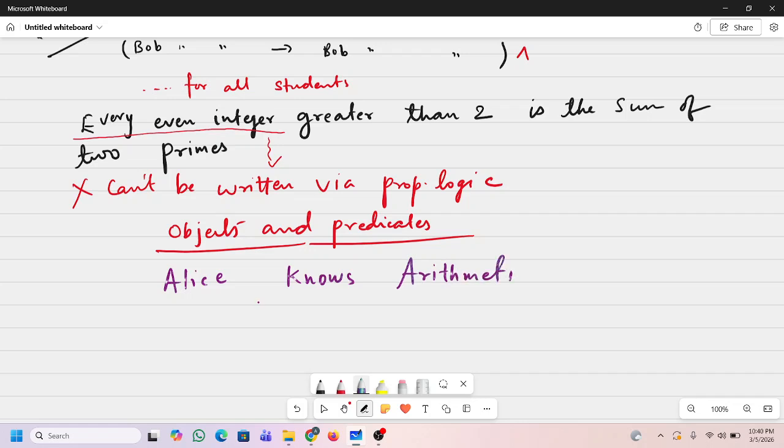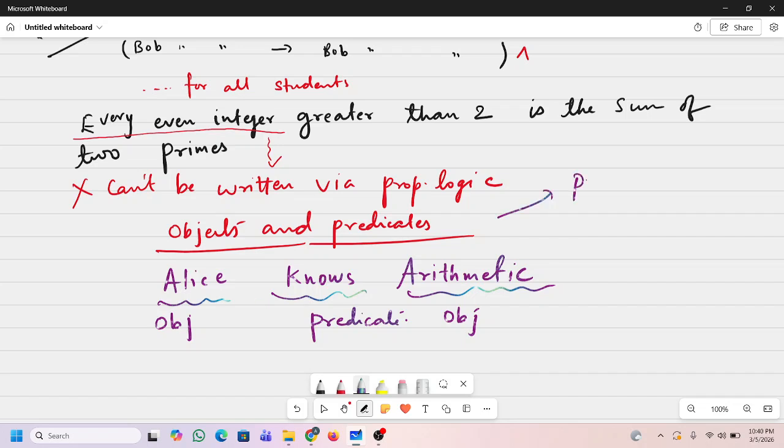These two words, Alice and arithmetic, are objects. They are nothing but objects, and this thing, knows, is known as a predicate. One thing I want you to know is that predicate logic means first order logic. They are synonymous, so it is the same as saying first order logic.